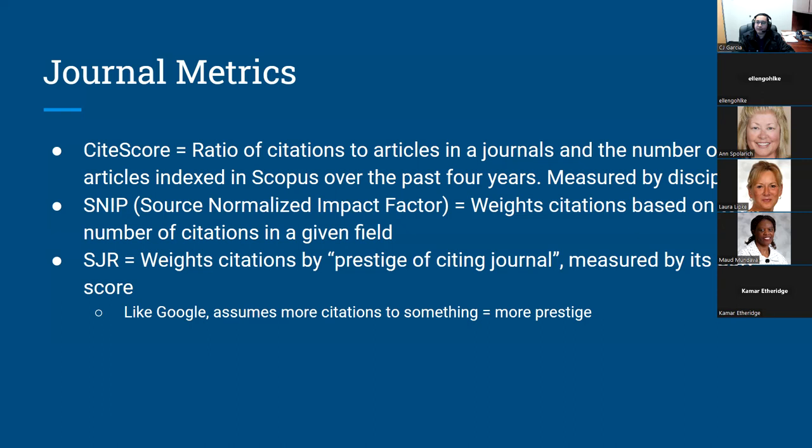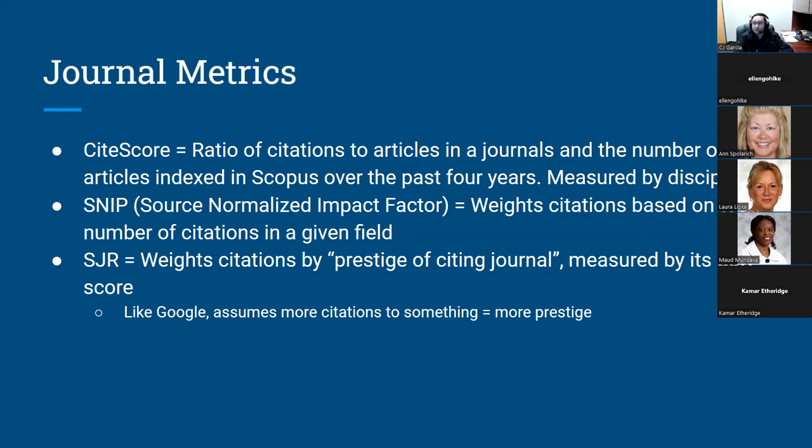Then it separates those out by discipline, so that you're being measured against publishing trends in a specific discipline and not overall. There's a lot more detailed information from Scopus on the exact math and algorithms, and we'll show you a little bit of that in a bit. But at the end of the day, CiteScore is a very straightforward one. It's just a ratio of articles published to the number of citations you're receiving.